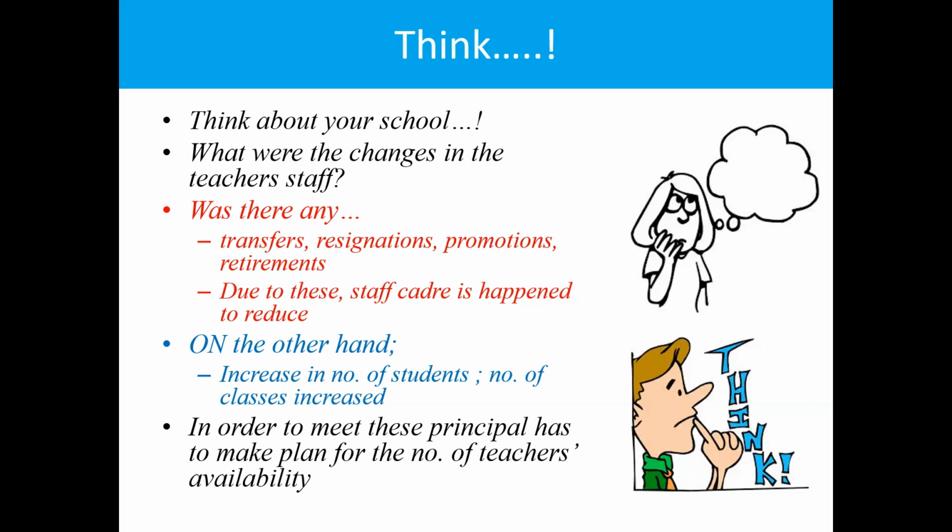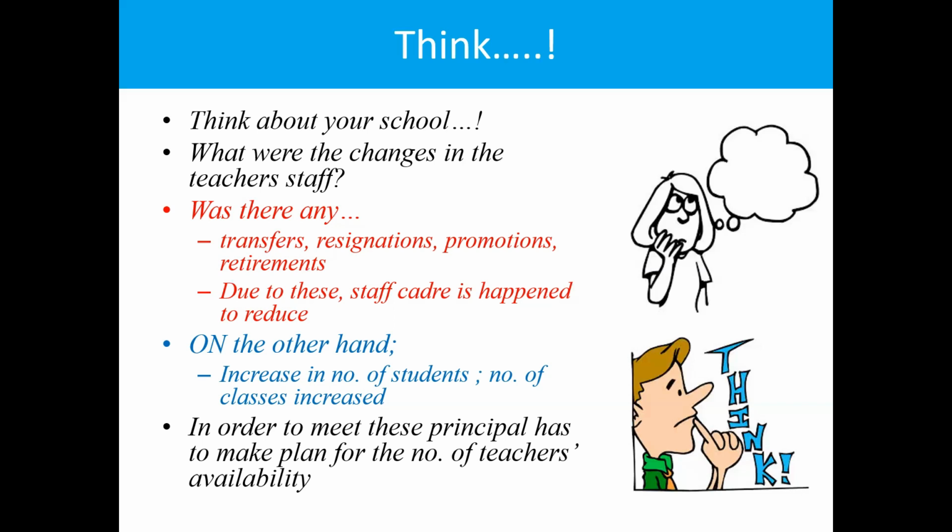right? So in order to meet these vacancies, the principal has to make a plan. Otherwise, let's say suddenly a teacher dies, then the principal needs to function the school smoothly, even with the sudden death, right?